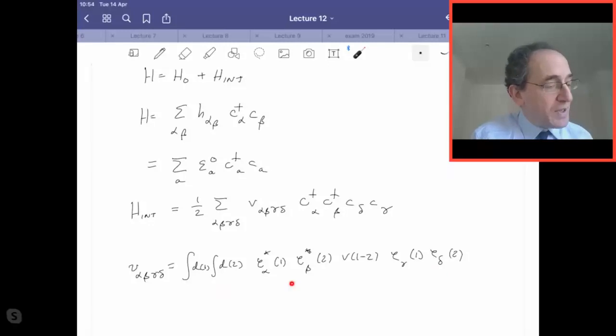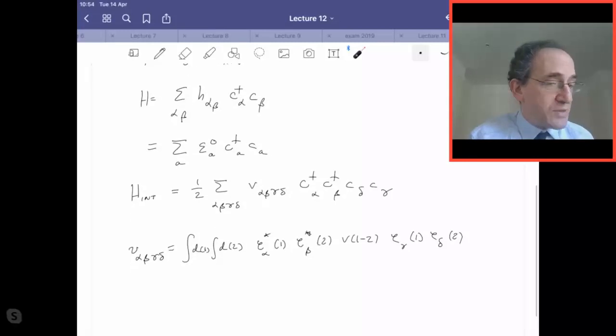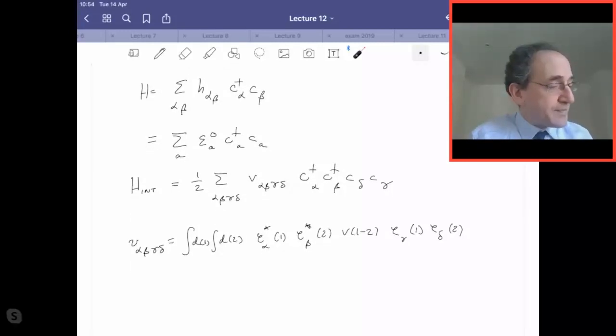When we actually start doing calculations, we probably want to keep track of what this matrix element is, maybe calculate it for different types of interactions we're interested in. We can also write this as alpha beta V gamma delta.